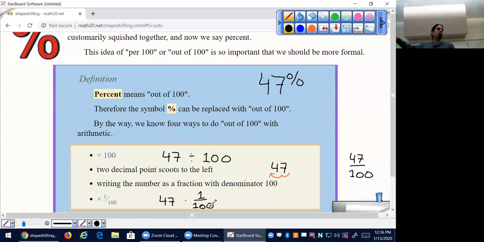Okay. Anyone need more time copying this? Okay, moving on.